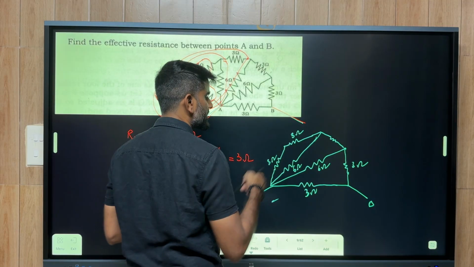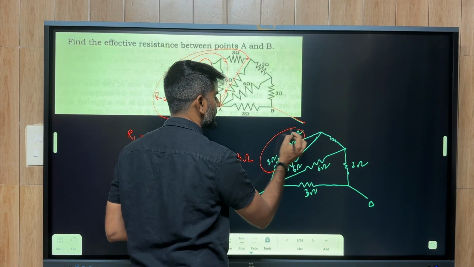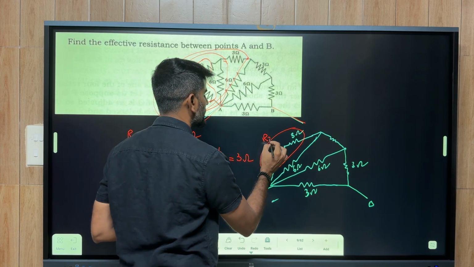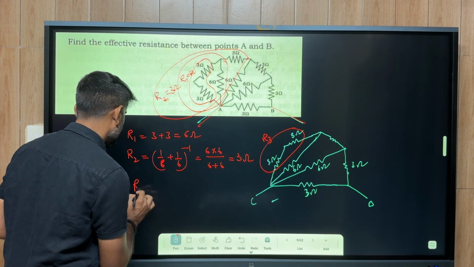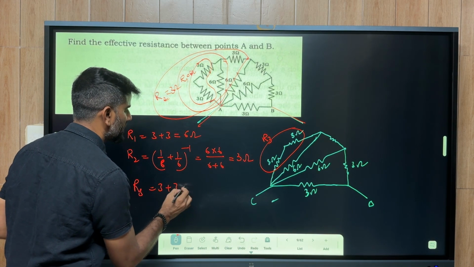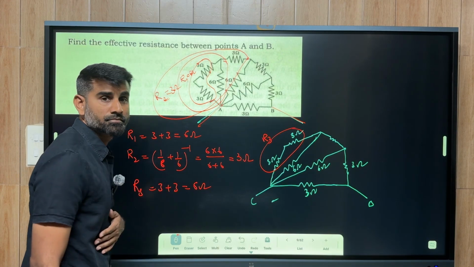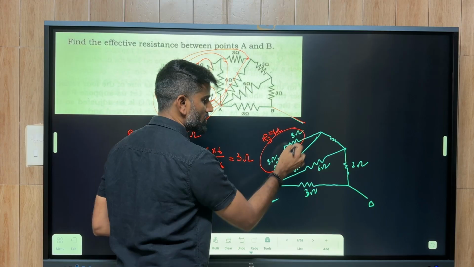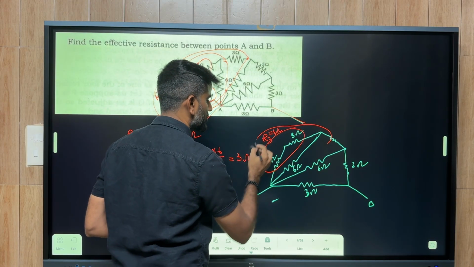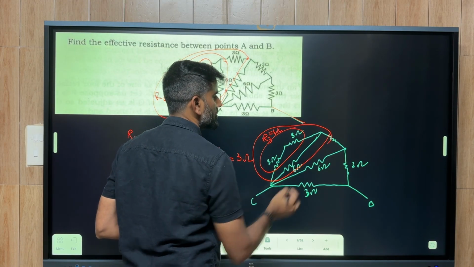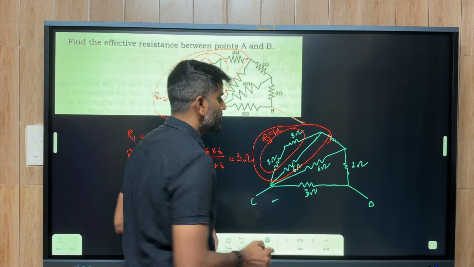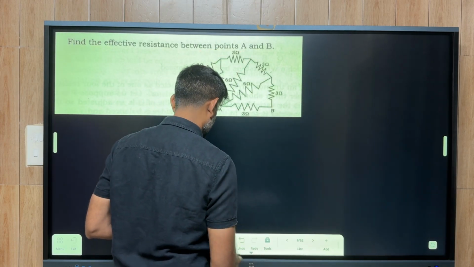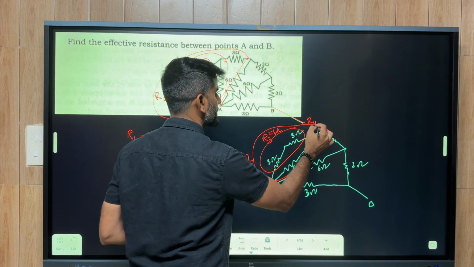Now this 3 and 3 are in series again. I'm taking it as R3. R3 is nothing but 3 plus 3, as they are in series, 6 ohms again. Now coming to this 6 ohms combination, and this 6 ohms are connected in parallel. I'm taking this as R4.